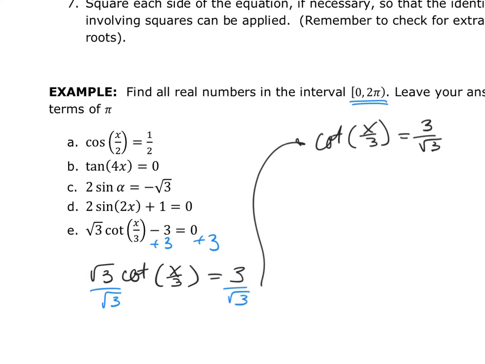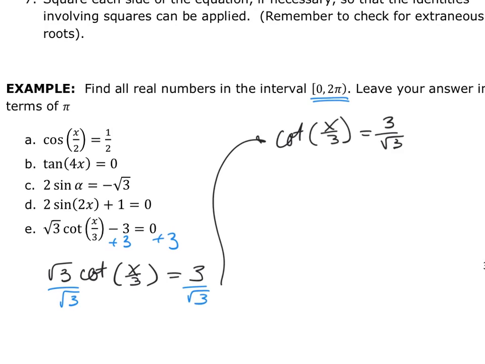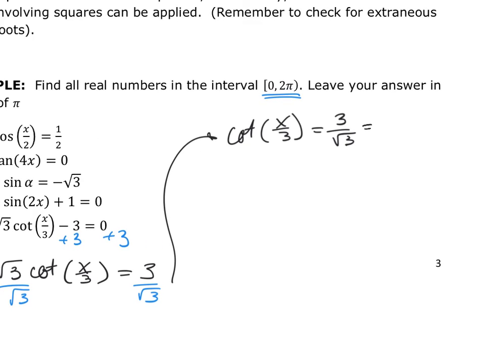Now look on my unit circle where that is true. So where on my unit circle is that true? If I were to rationalize it, I would multiply the numerator and denominator by the square root of 3 and cancel out, so it is root 3. So rationalizing that is root 3.